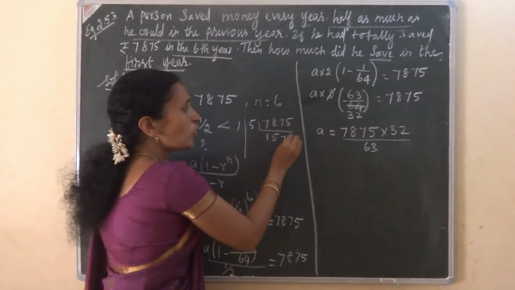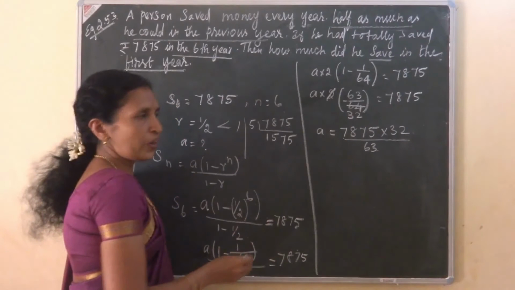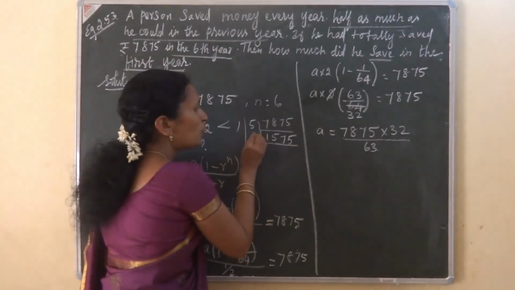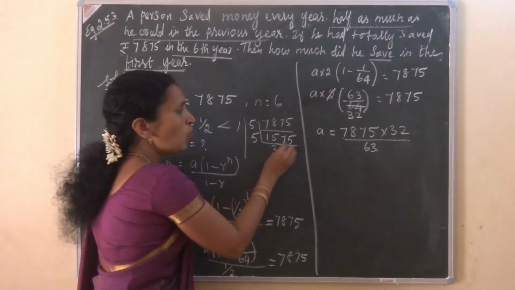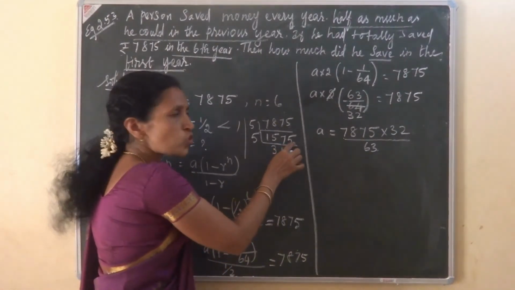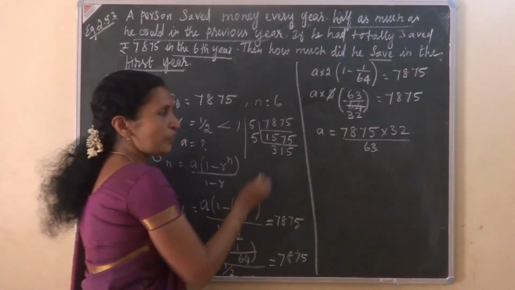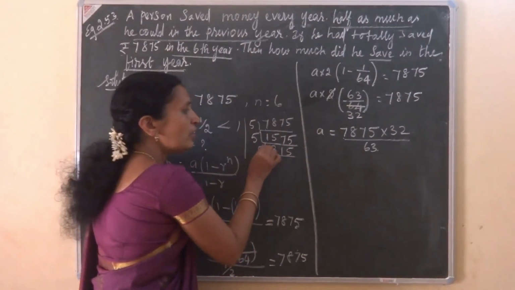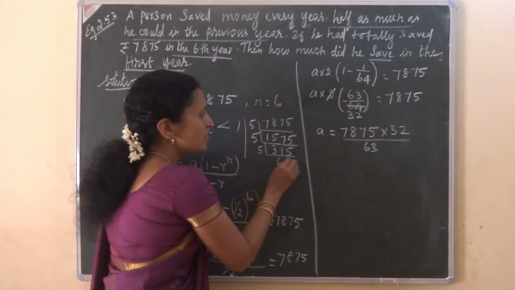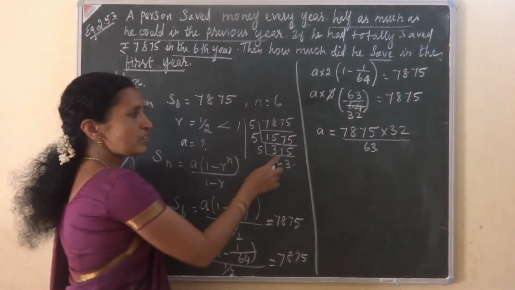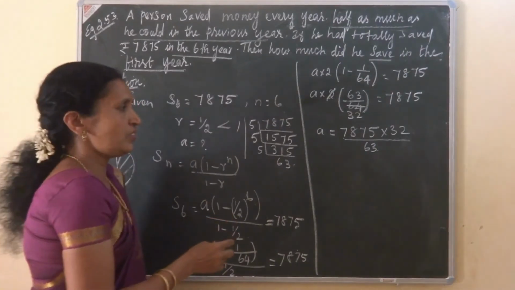Balance 2, 25. 5 5s are 25. Again 25. 3 5s are 15. 1 5 is 5. Balance 2, 25. 5 5s are 25. Again 5. 6 5s are 30. Balance 1, 63. 3 5s are 15.